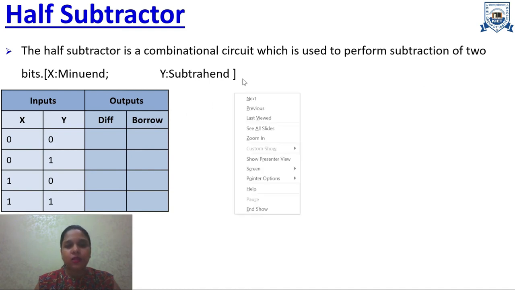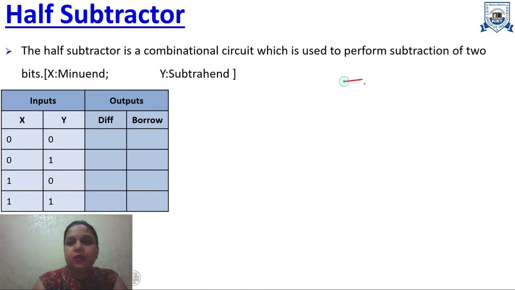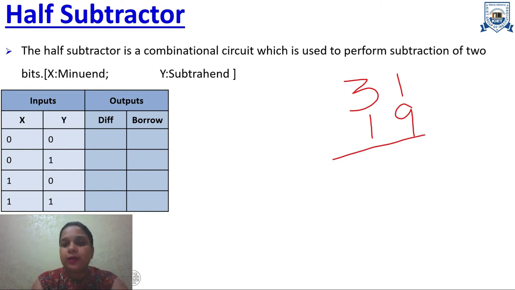For this let's take one example. 31 minus 19. So when we want to subtract 19 from 31, this one cannot subtract 9. A borrow has to be taken. So what we can do is give 1 from this.